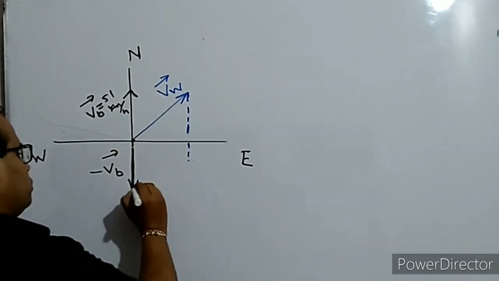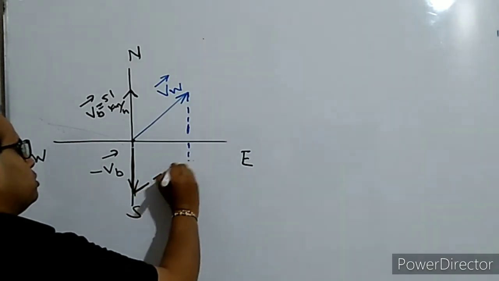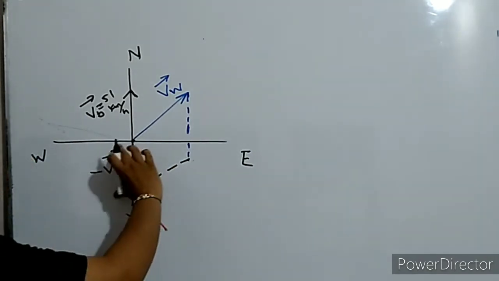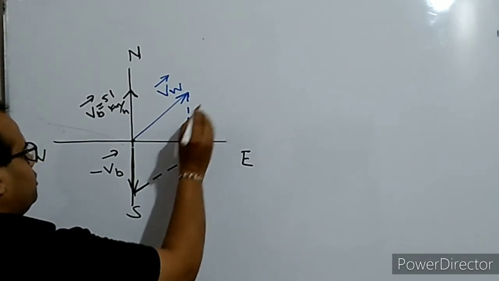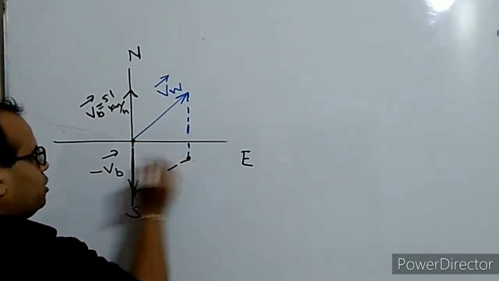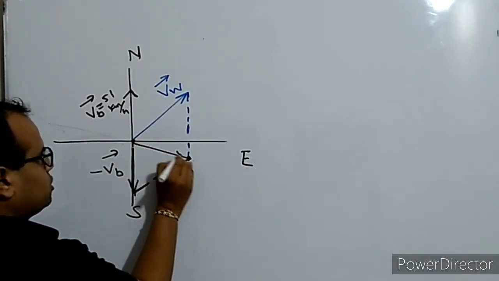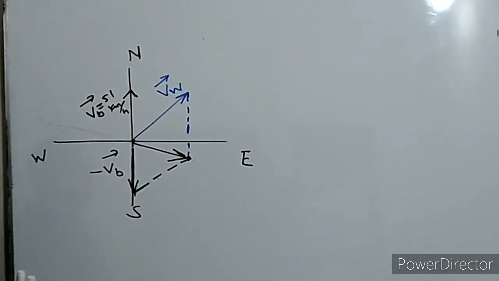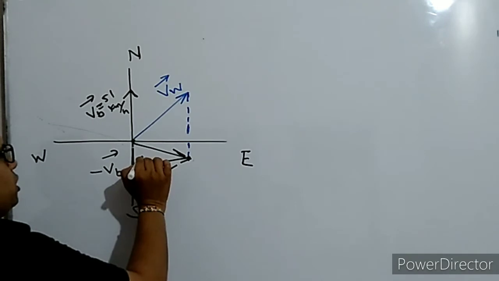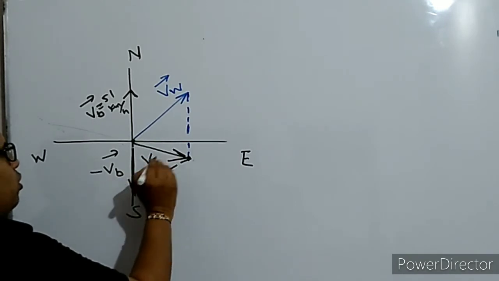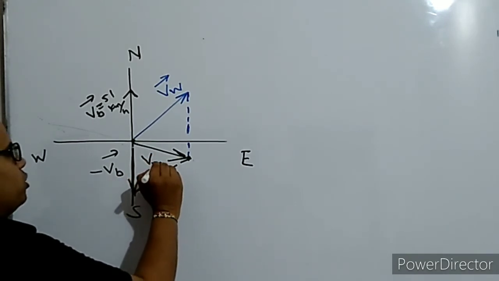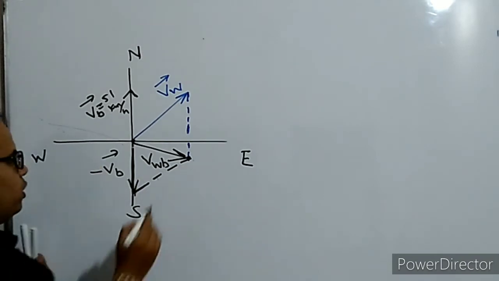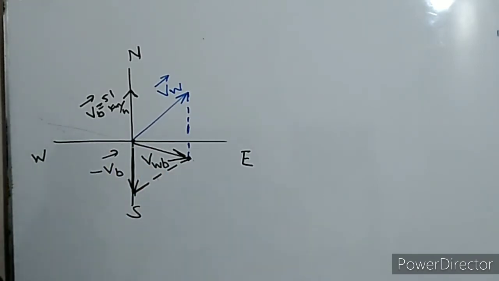Now if you join this point and this point, it will give you the resultant of the VW vector and minus VB vector. So this is the velocity of the wind with respect to the boat.